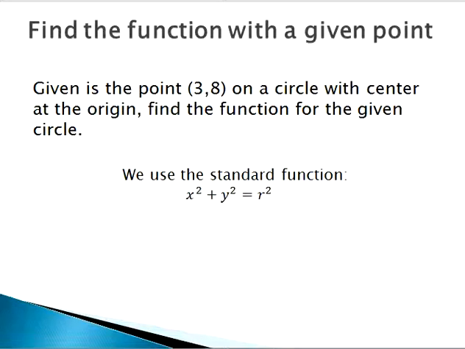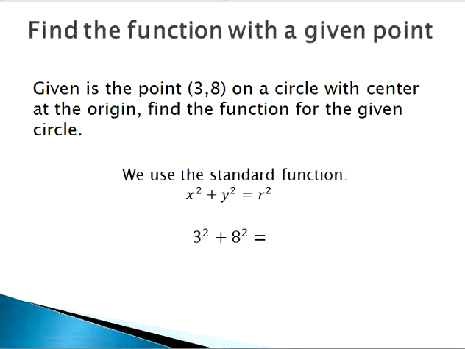All right, what we need to remember is that the standard function is x squared plus y squared is equal to r squared, where r squared stood for the radius squared. And we're using the numbers 3 and 8 as x and y values. To find the function for this exact circle, we plug in 3 and 8 instead of the variables x and y.